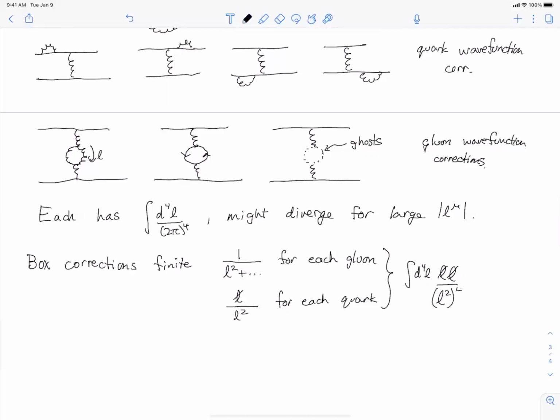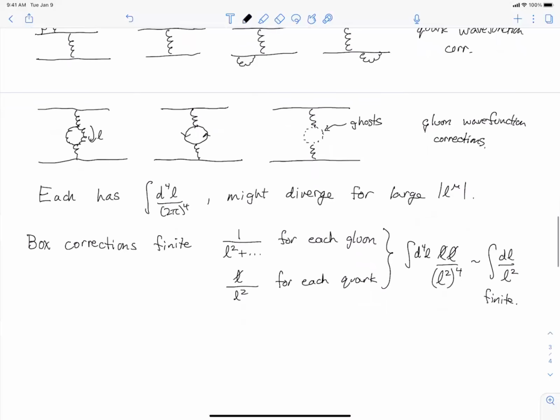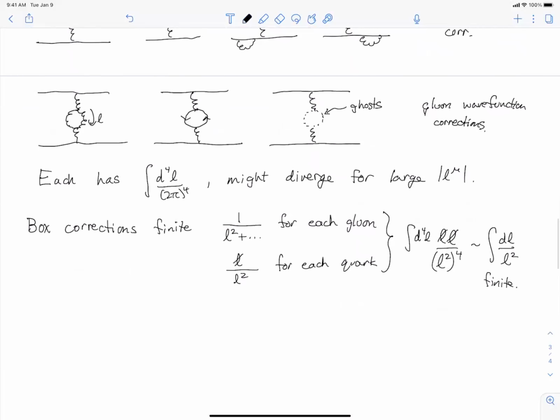L squared to the 4th power, which goes like an integral of an energy divided by an energy squared. And because the energy squared is in the denominator, this is finite. Okay, so you can put in all the bells and whistles and traces over gammas and color pieces and all that. But in the end, all that really matters is how do propagators scale with energy? And that shows the box corrections are finite.